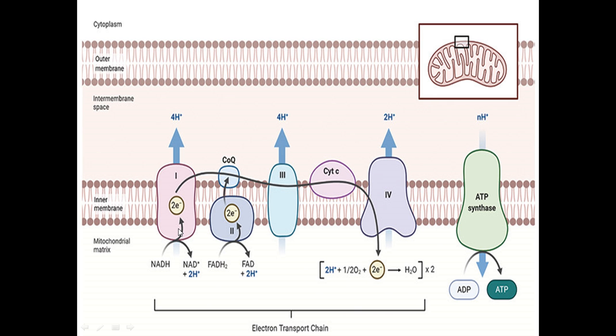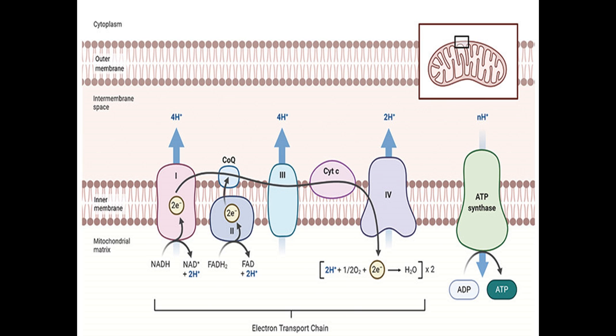There are basically four complexes in the inner mitochondrial membrane that aid in the electron transport chain, though each of these complexes has several, one, two, three or more electron carriers in them. Aside from the complexes, in the membranes are some other molecules which just help in the transport of the electrons outside the various complexes.